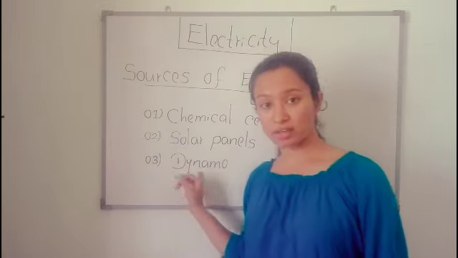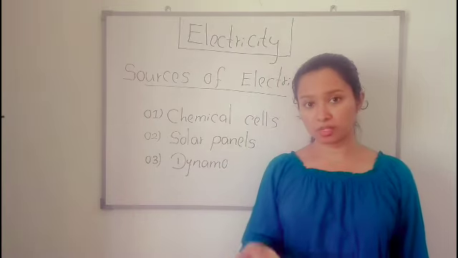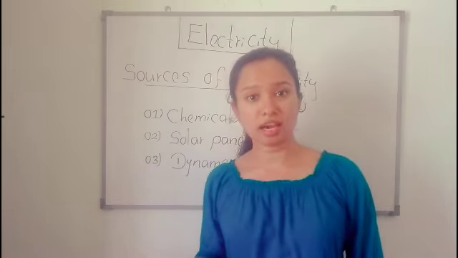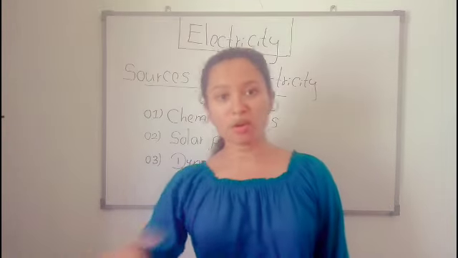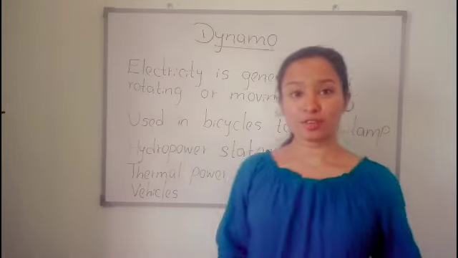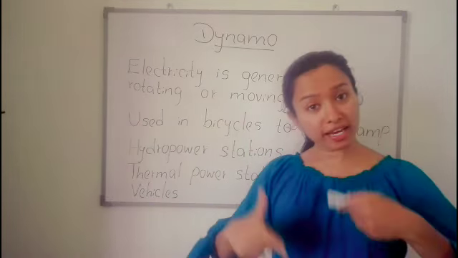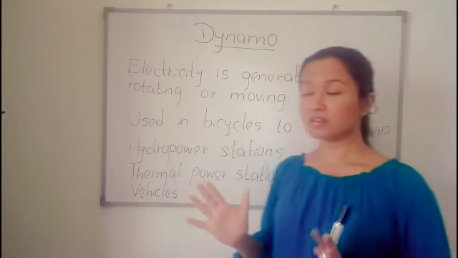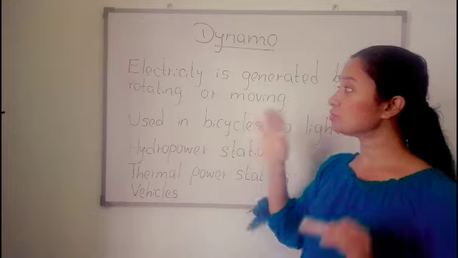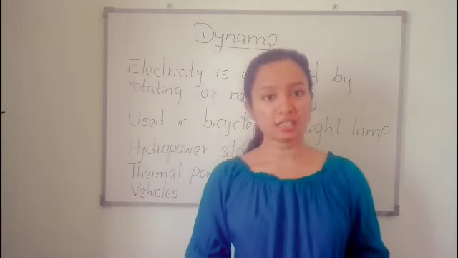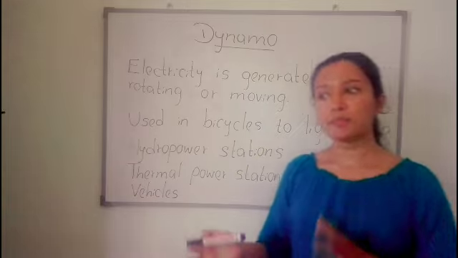The third one is dynamo. I think you all know what a dynamo is. In your bicycle, you can see there is a dynamo in front of the bicycle. In dynamos, electricity is generated by rotating or moving. There should be a rotation or movement to generate electricity in dynamos.